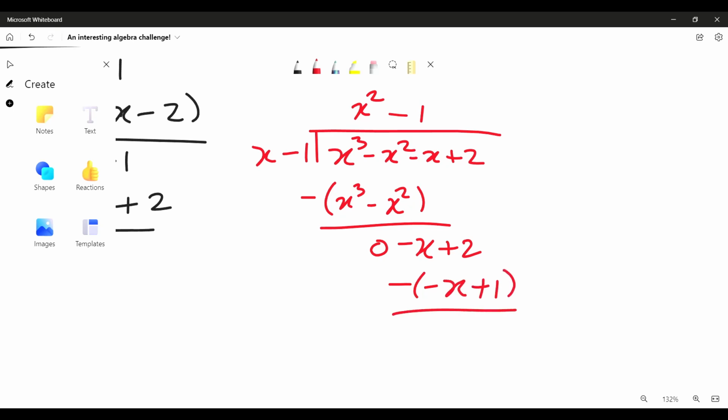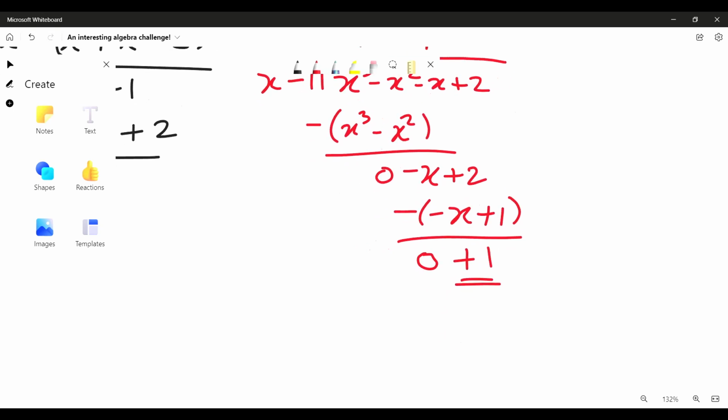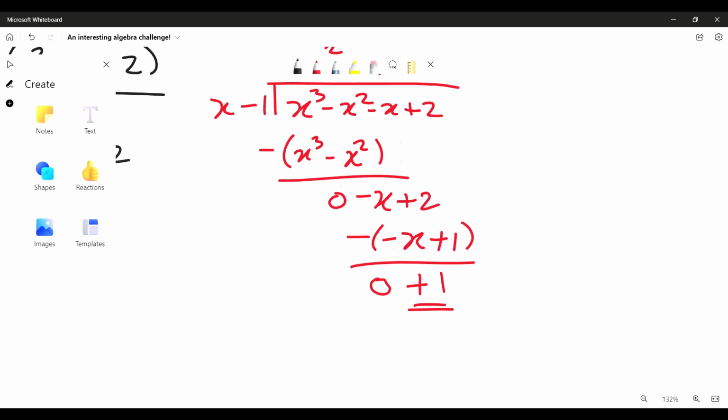And if I subtract this, minus x minus minus x is minus x plus x, so that's 0. And then 2 minus 1 is just 1. So we can see that this is a remainder, and that implies that our initial polynomial, x cubed minus x squared minus x plus 2, is just equal to x minus 1 times x squared minus 1 plus 1.